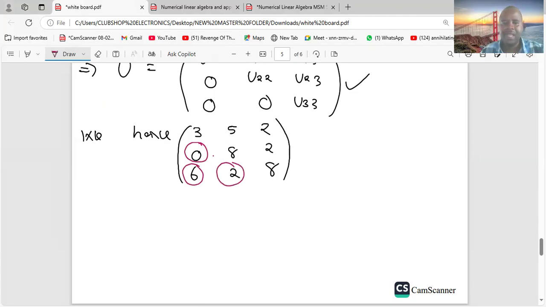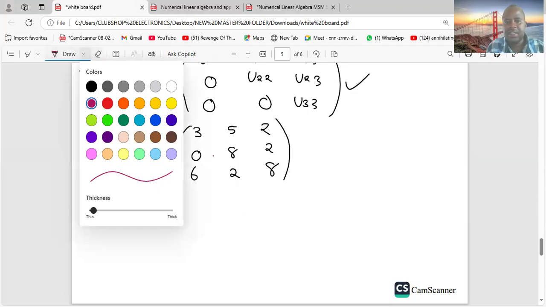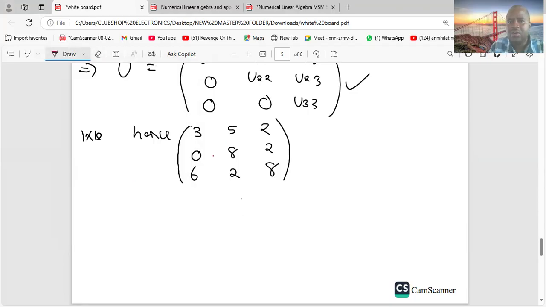Now, we'll start. If you look at the second row, the first entry there in the second row is already 0, right? So it means we do not need to do any multiplication or any row operations whatsoever, because there is already 0.